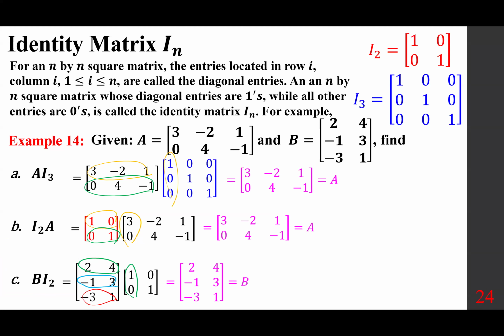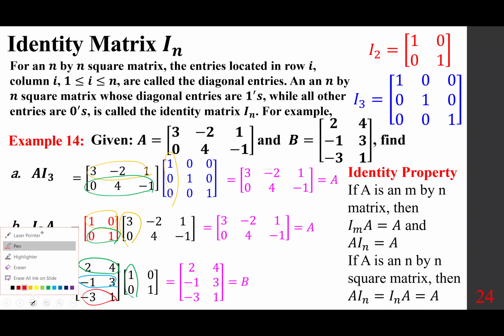So what does it mean? Identity property. If A is an M by N matrix, then I sub M times A equals A. If you're multiplying from the left side, it has to be M by M. And if you're multiplying from the right side, A times I sub N equals A. If A is an N by N square matrix, then A I sub N or I sub N A makes no difference.